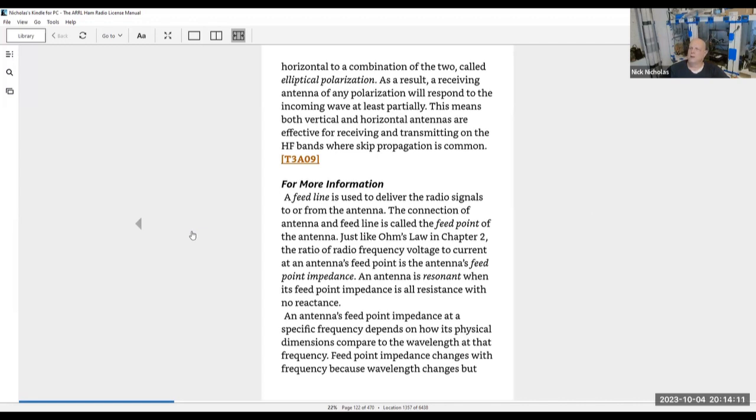Impedance is a combination of the effects of capacitive reactance, inductive reactance, and resistance. Those three components are always present in an AC signal, and radio waves are AC signals. I want to talk to you about how antennas and radios work. They are dependent upon impedance. We'll cover this in detail next week.